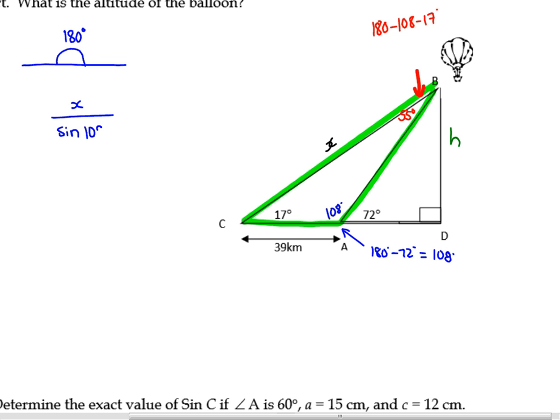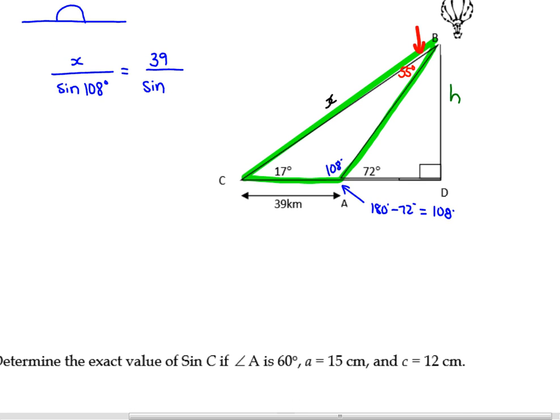We want the angle opposite of, right, in that green triangle. Equals, so is the angle going to go in the numerator or the side? The side, right? Side over angle, side over angle. So 39 over sine of what's the opposite of the 39? What angle's opposite of the 39 kilometers? 55.